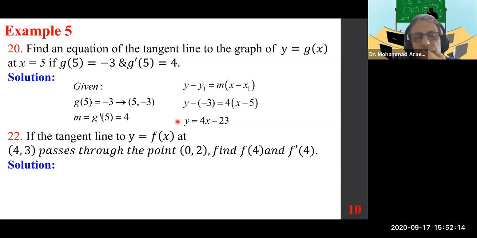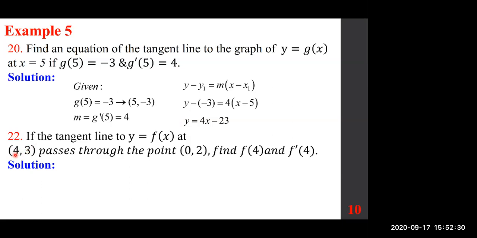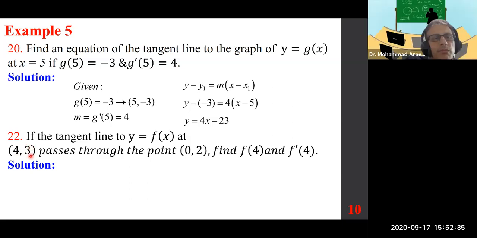Anyone? Okay. Isn't this pair given? So what is f of 4? 3. 3. Beautiful. Now, the tangent line at this point passes through this point.